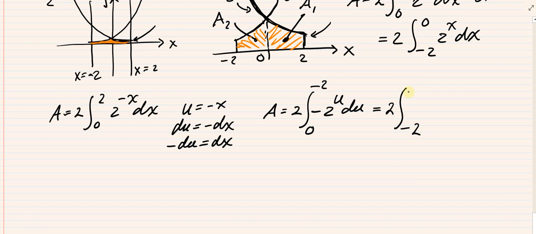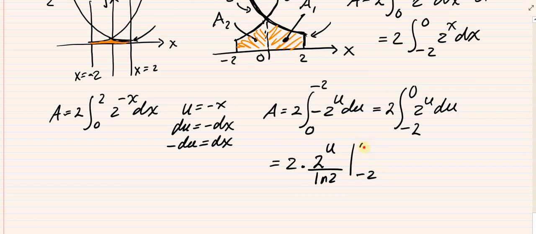In other words, I'm going from negative 2 to 0 of 2 to u du. The integral of an exponential function is itself; you just have to divide by the natural log of the base, which is 2. So it's going to be 2 times 2 to u divided by natural log of 2, evaluated from negative 2 to 0.